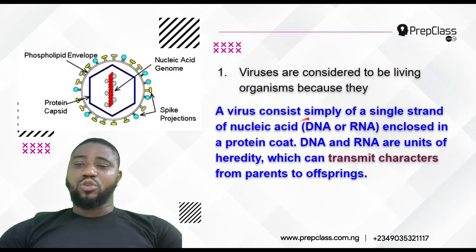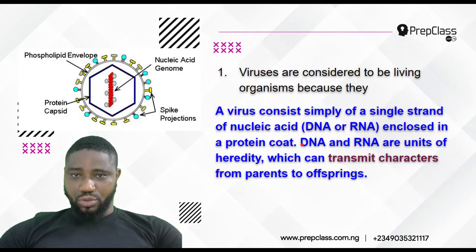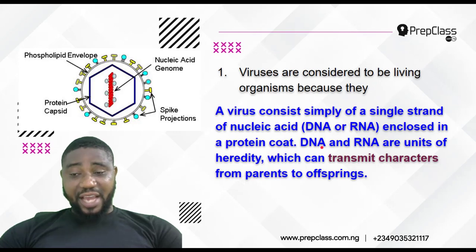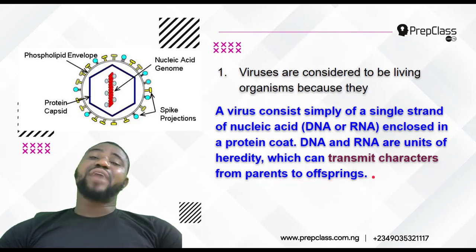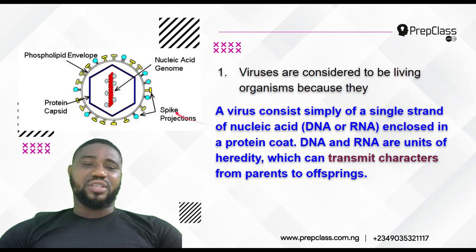So a virus consists simply of a single strand of nucleic acid, either DNA or RNA, enclosed in a protein coat. So DNA and RNA, just like I said, are units of heredity which can transmit characters from parents to offspring. So the main reason why viruses are considered living is because they have nucleic acid. That's the main thing.